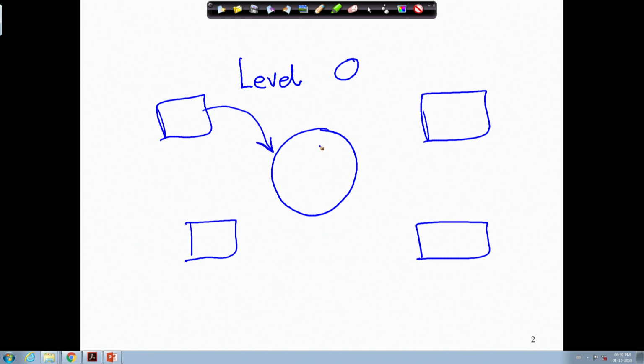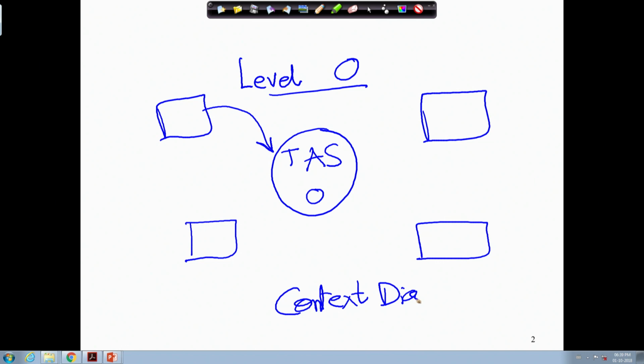We write the name of the software here, for example, a trade house automation software, and we write 0 here to indicate a level 0 DFD, and this we call the context diagram, because here we represent the context in which the software exists, and these are the external entities or the users.